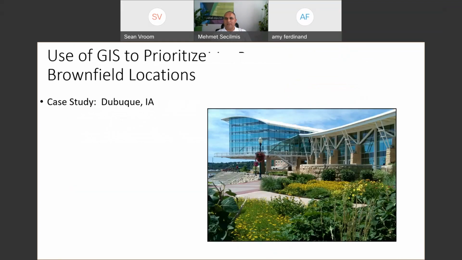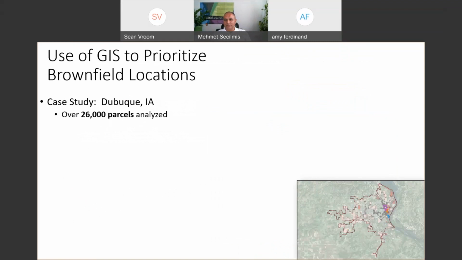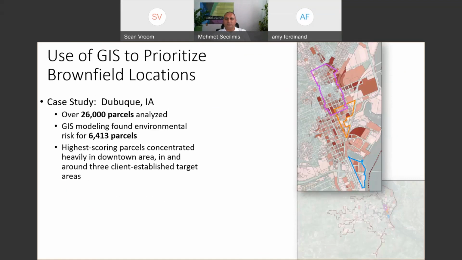And then one example is Dubuque, Iowa. In that city, they reviewed and analyzed 26,000 parcels. The GIS modeling found environmental risk for 6,400 properties. And then the highest scoring parcels were concentrated in the downtown area. But as you see here, the boundaries in purple, orange, and blue, those areas, those zones were identified by the city, saying, hey, we want to focus on these areas.